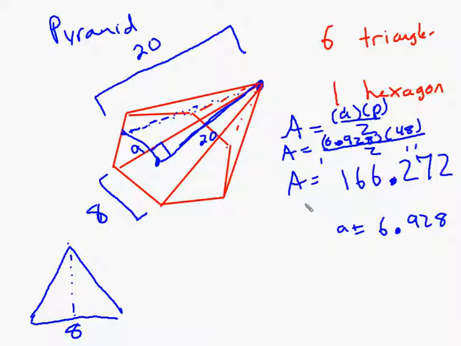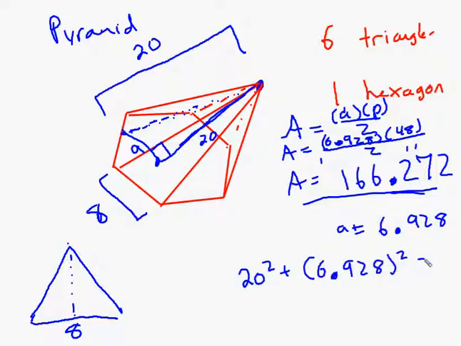So now we have our base. Now we're going to need our triangle. So we are going to use Pythagorean's theorem. So 20 squared plus 6.928 squared is going to equal our slant height squared.